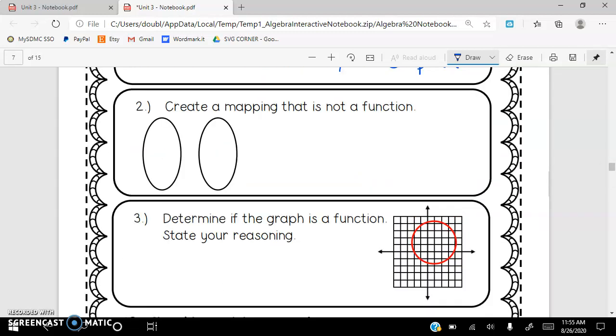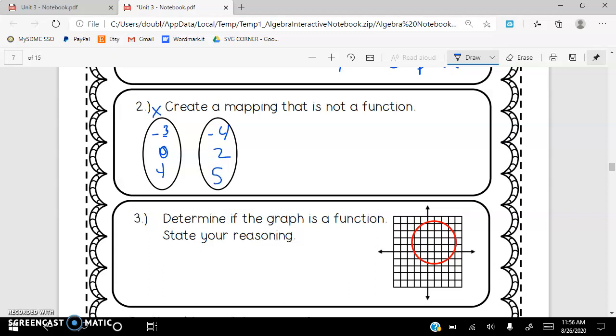All right. So let's create a mapping that's not a function. So let me give you some. So we have -3, 0, and 4. Okay, and over here we have -4, 2, and let's go 5. So we're trying to create one that's not a function.